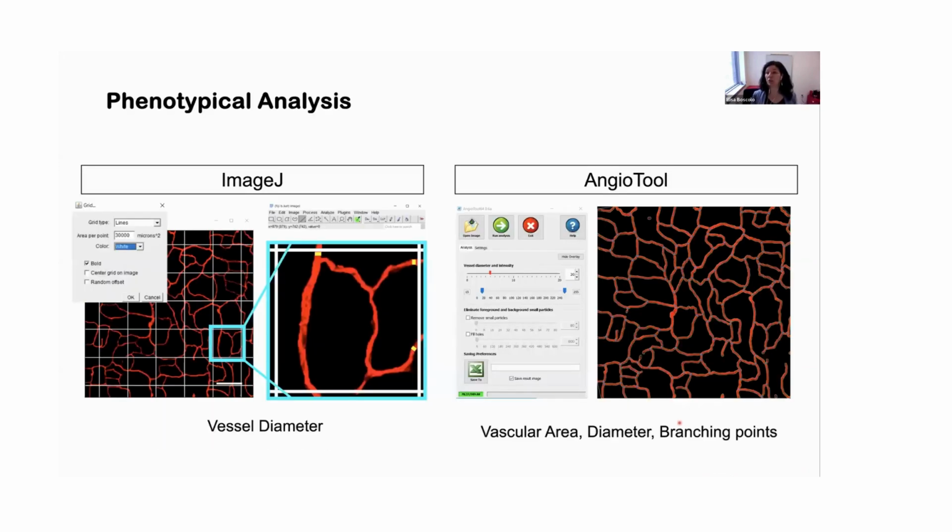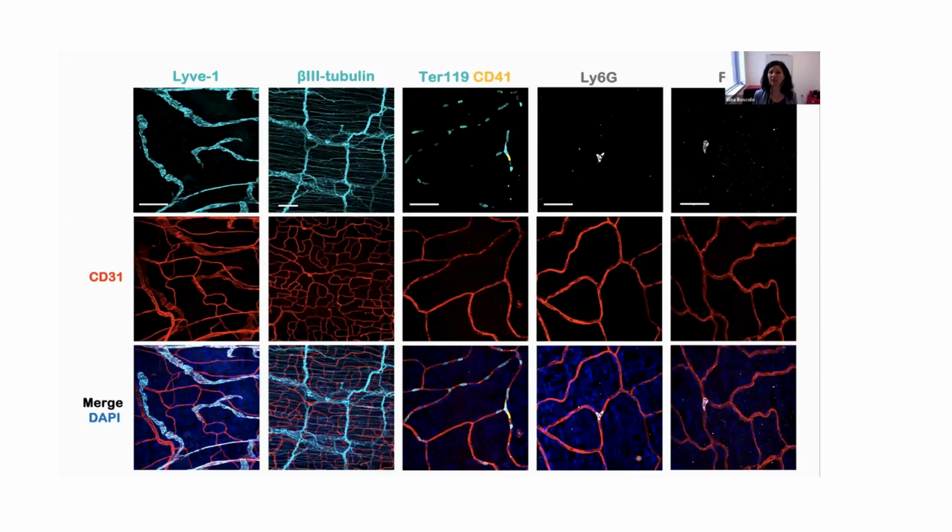We can also do phenotypical analysis and use ImageJ to measure the vessel diameter, or use AngioTool to quantify vascular area, diameter, or branching points. And lastly, you can also do your favorite staining. You can also stain for lymphatics.